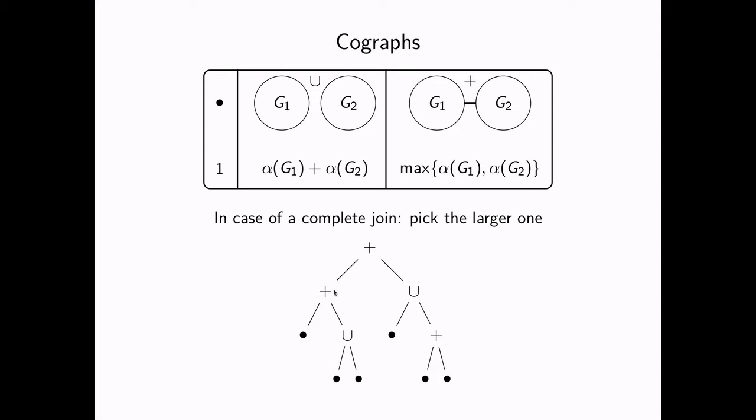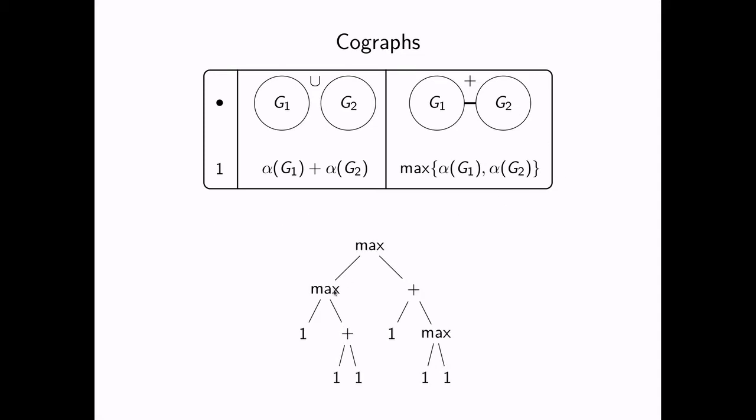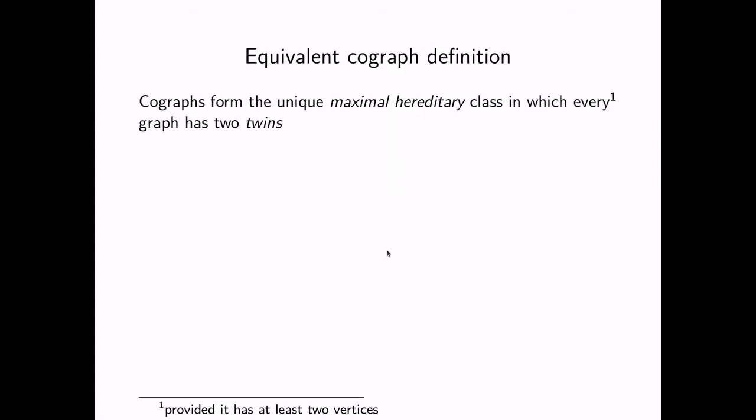So if you replace your tree syntactically by those 1, plus and max, and compute the value, you get the maximum independent set. Another definition of cographs is that you can iteratively find two twins.